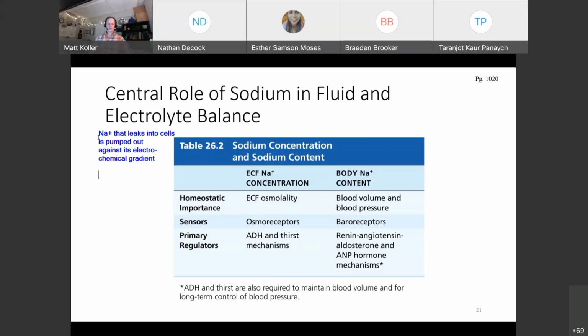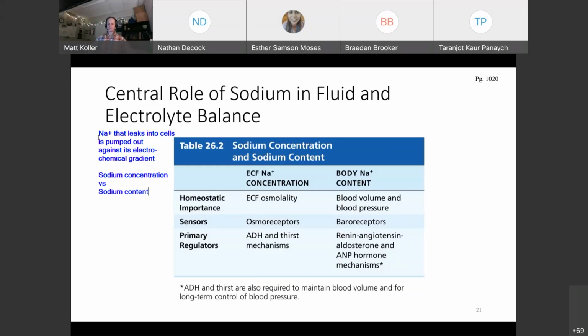Now, you do need to be aware of sodium concentration versus sodium content. Okay, so there's a concentration of sodium, like per given volume, how much sodium do you have in your body versus how much sodium do you have in the body, full stop, regardless of concentration.